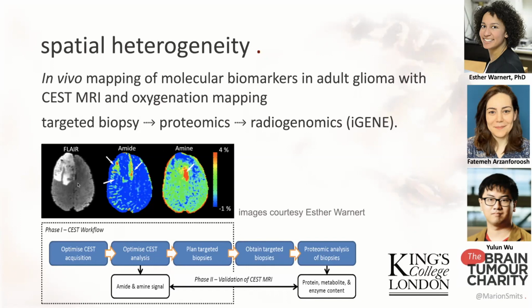And what we're trying to do is highlight areas pre-operatively that we're then asking the surgeon to specifically target. And then this is for the CEST study, where we do proteomics analyses to really correlate the tissue samples and the protein contents with our signal on the CEST imaging.